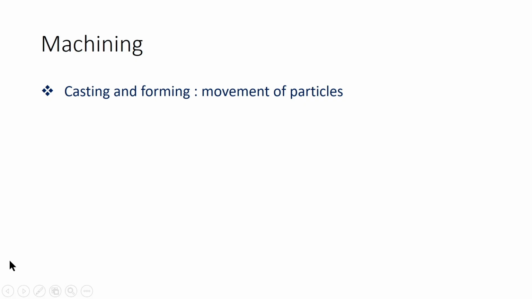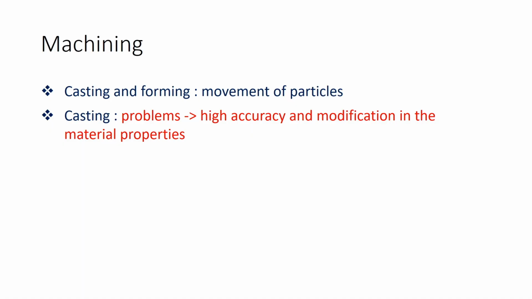The next manufacturing operation is the machining operation. Casting and forming are the basic manufacturing processes. However, there is a movement of particles during this operation. The casting has inherent problems of high accuracy. So, we cannot achieve the accurate work part as desired.